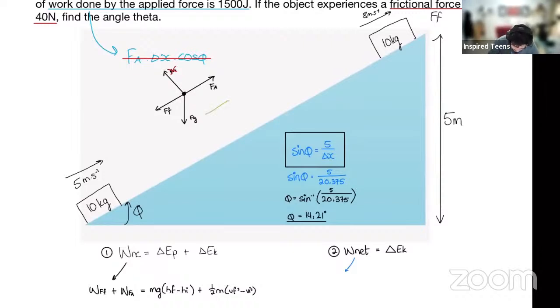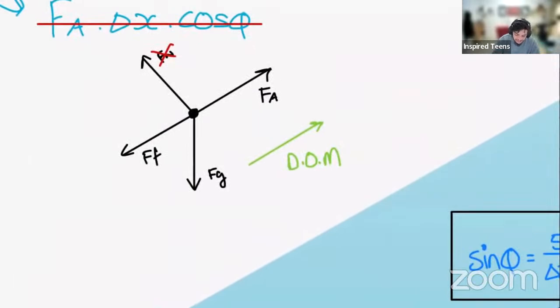Let's just consider the DOM, the direction of motion. Direction of motion is up the slope. So applied force is parallel to the direction of motion, frictional force is parallel to the direction of motion, so both of those are going to be there. However, we need not forget the third one, and this is the key difference, the majority of the time, between WNC and WNet: you have to include FG.